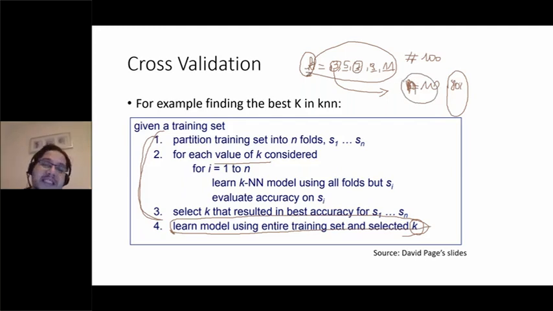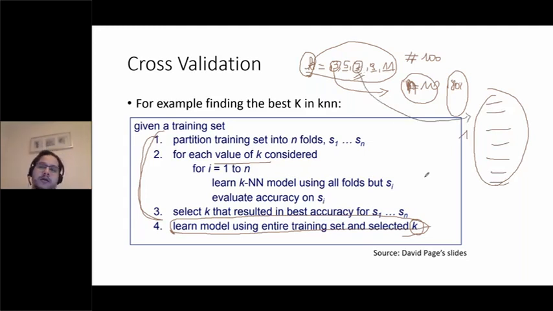Once we select the best K, this is the process. Once we found out that, for example, 7 is the best, we combine the data again, all the 10 folds together. And we train a whole new model, one single model containing all the data, the 10 folds, with the best K. So here we train one single model, K equals 7, with everything.